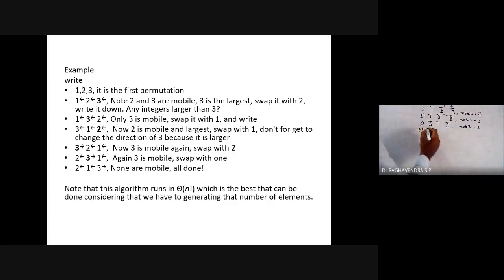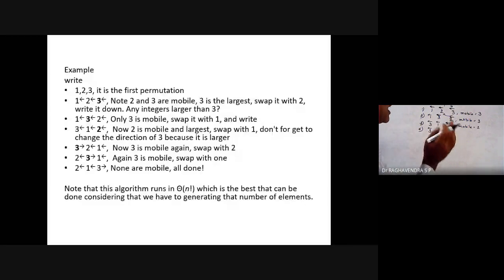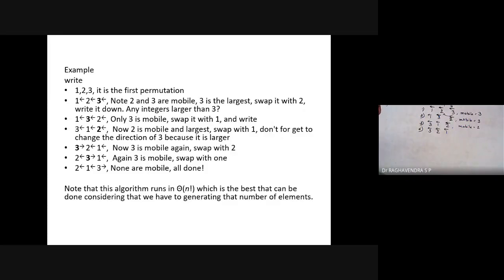So 3 will be taken as it is, then 2 will be taken here, then 1 will be taken here. But there exists a number greater than 2 here also. When you interchange 2, check whether there exists a number greater than 2. Whether any number exists greater than 2?